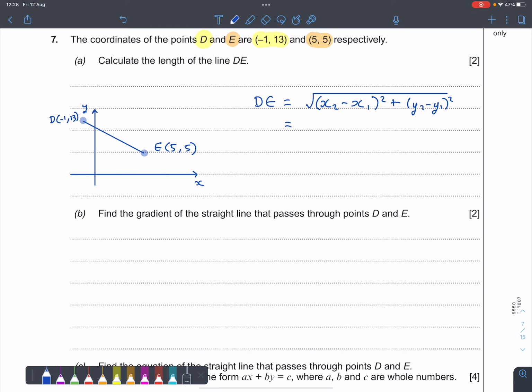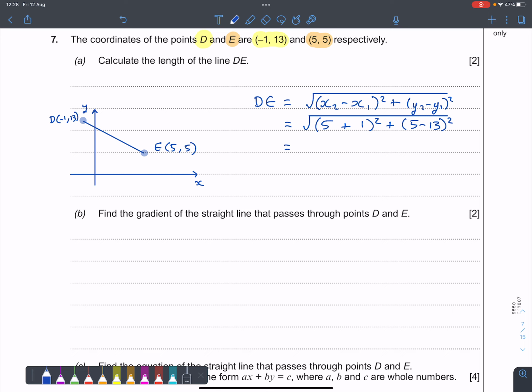So if I make my substitutions, if I take this as my x2, y2, and this is my x1, y1, then x2 minus x1 is going to be 5 take away -1, so you can just write that as +1 if you wanted to, all squared, plus the y's, which are y2, 5, take away 13. So (5 take away 13) all squared.